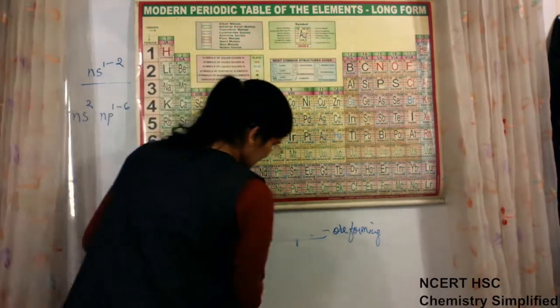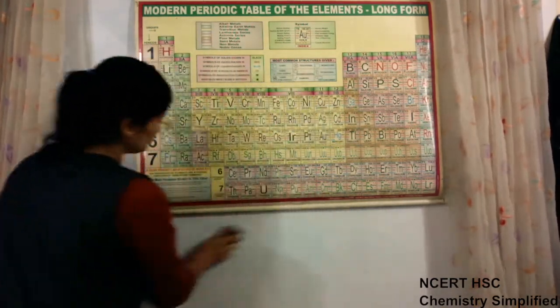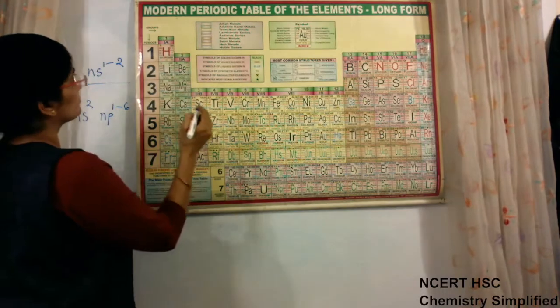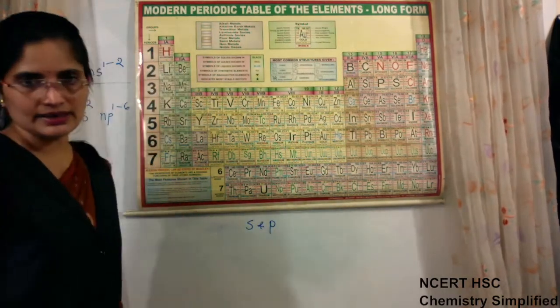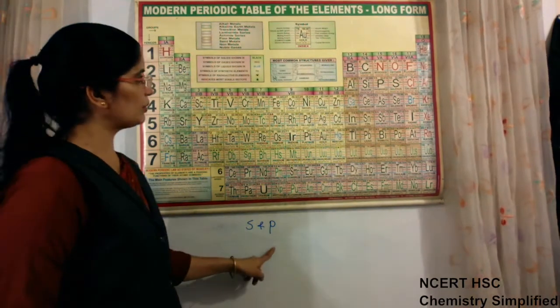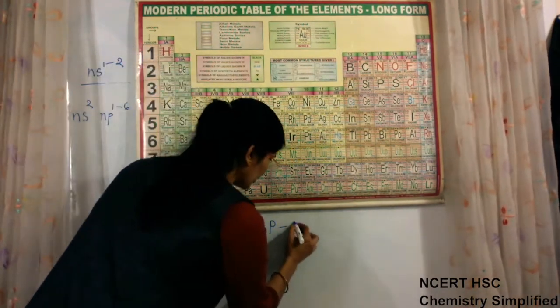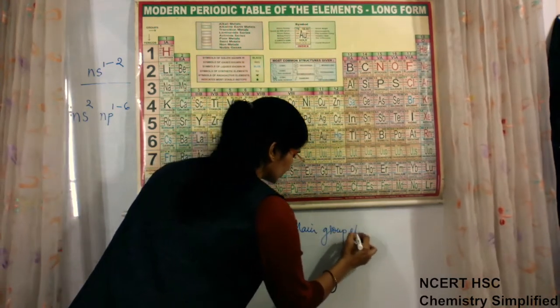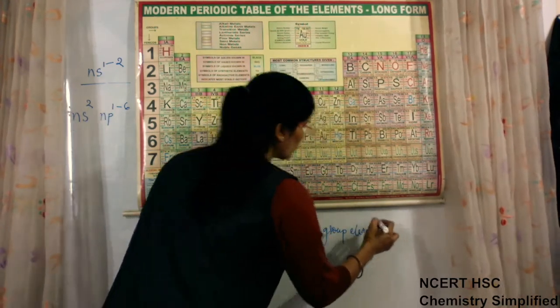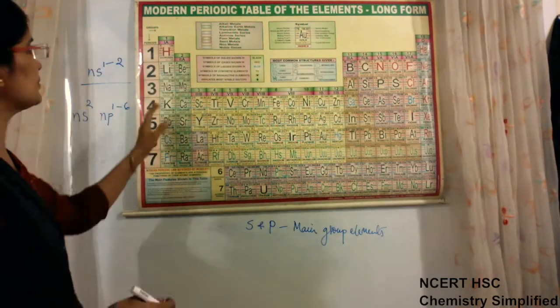Now these S and P block elements are known as main group elements, because most of the properties are studied about these elements only.